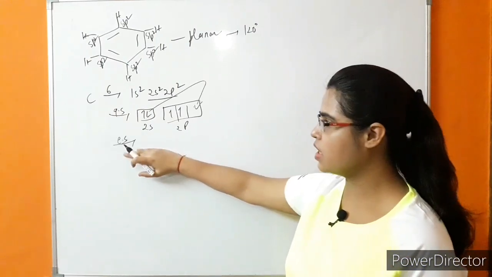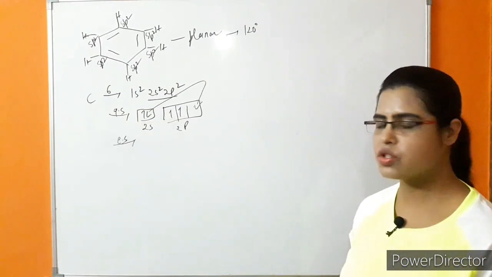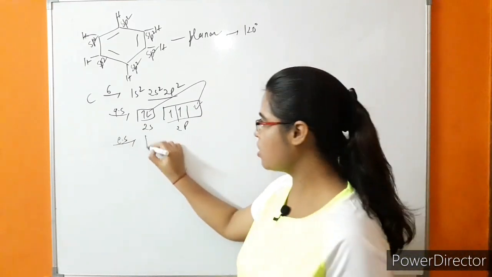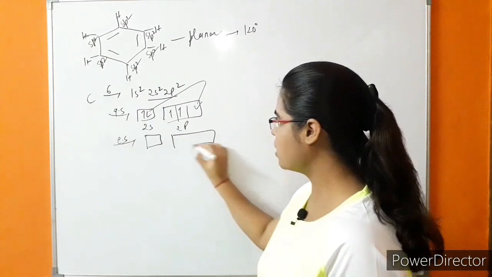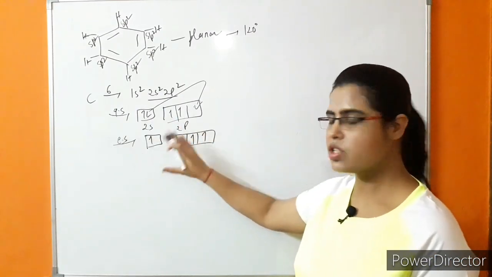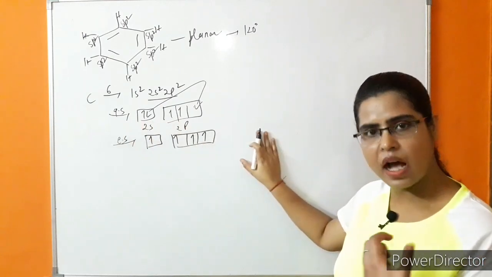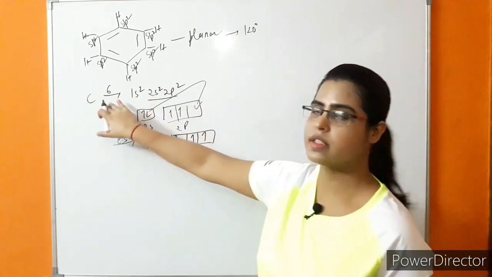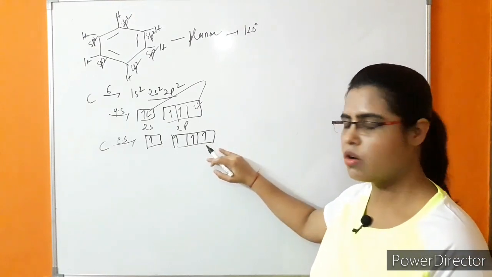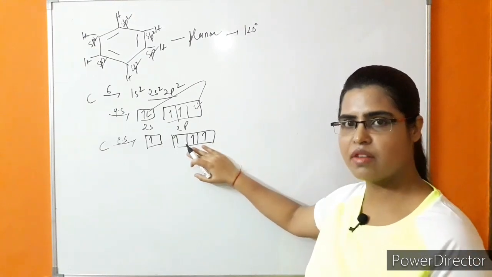In the excited state, one of the electrons of the s subshell will jump to the p subshell. So what is happening in this case? Each and every orbital now has 1 electron. Because of the symmetry and equal energy, these orbitals are now the hybridized orbitals of this carbon. When there is an unpaired electron in each and every orbital of this carbon, pairing will take place.